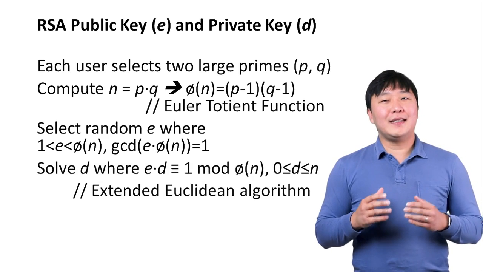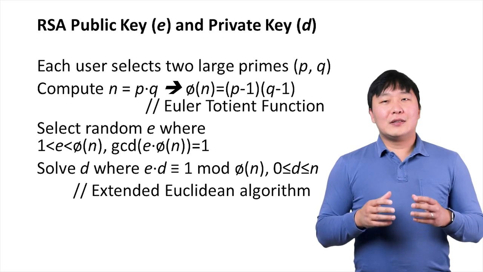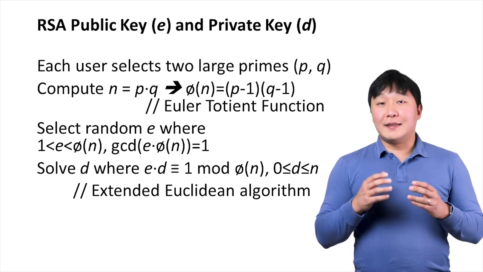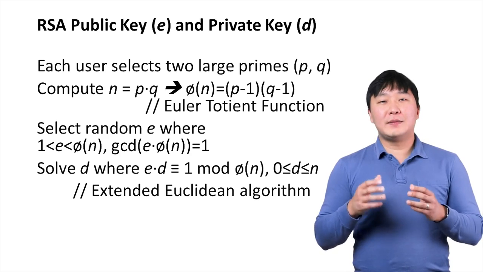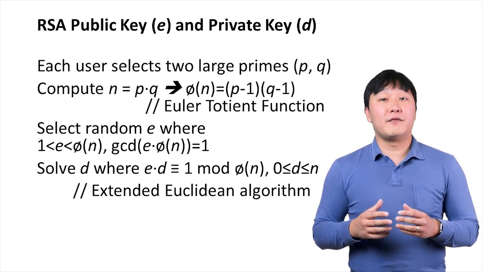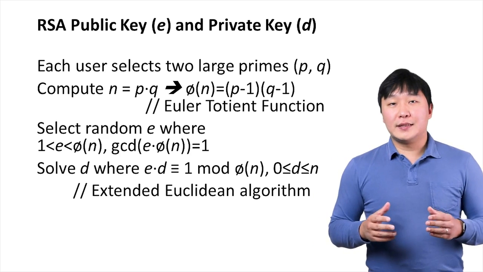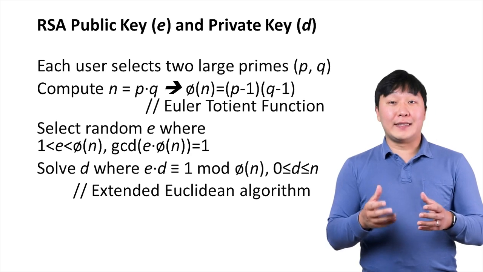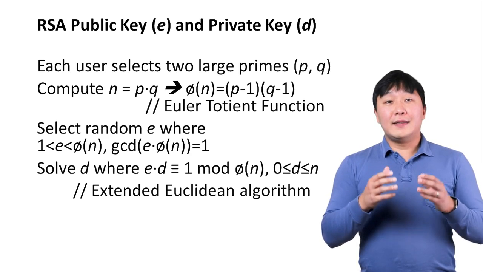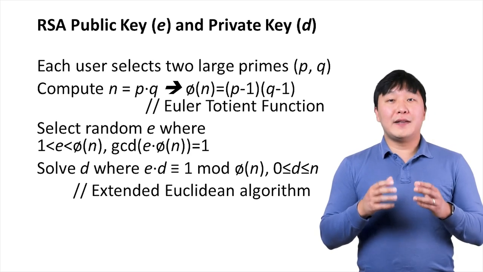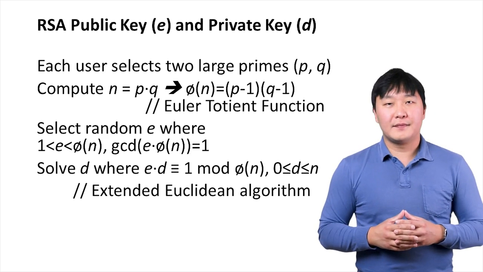Given the public key E, the user derives the private key D by solving E times D is congruent to 1 mod phi of n. In other words, since 1 is the multiplicative identity, we find D that is a multiplicative inverse mod phi of n.